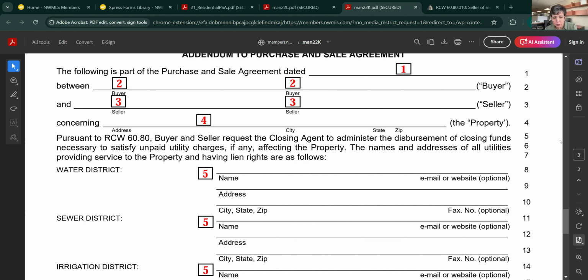So you said lienable HOA dues, I think, was part of the RCW. So where would that fall in? Yeah, so who's got lienable rights for utilities to the property? How are you guys going to know that? It will be in the resale service, right?